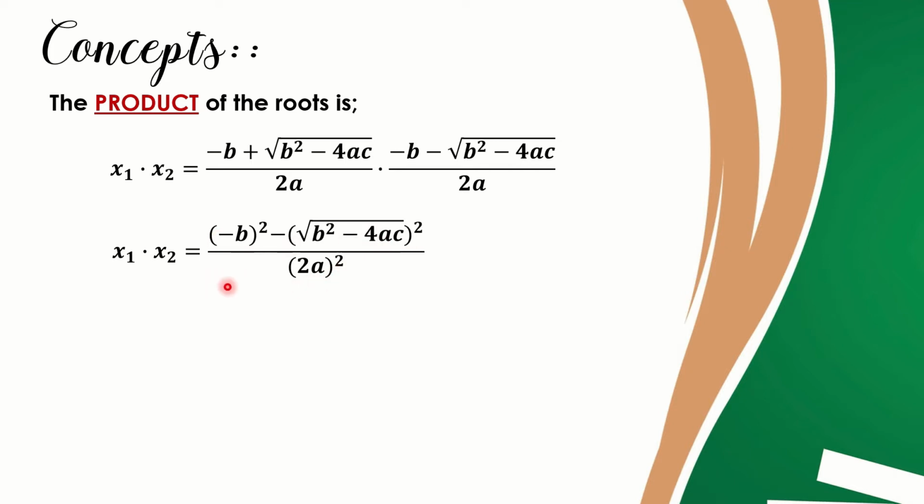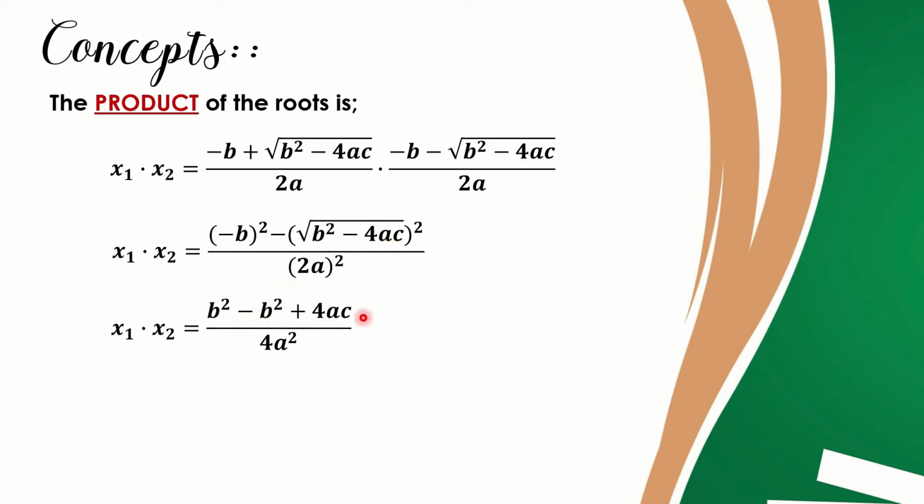Simplifying this one, we will have b squared minus b squared plus 4ac over 4a squared. So we just simply cancel the radical sign here and the exponent. Then, distribute the negative sign here to positive b squared and negative 4ac.